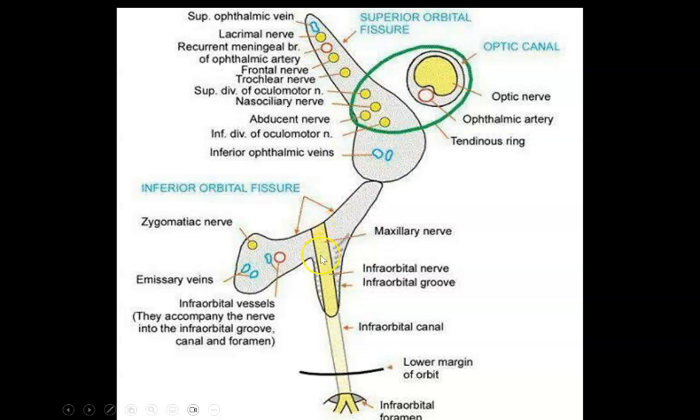It reaches through the infraorbital canal, forming the infraorbital nerve and passing through the infraorbital foramen. You can consider a small part passing in it, but the most important content of the inferior orbital fissure is the inferior division of the ophthalmic vein, and there is a small nerve, the zygomatic nerve, which is not that important.